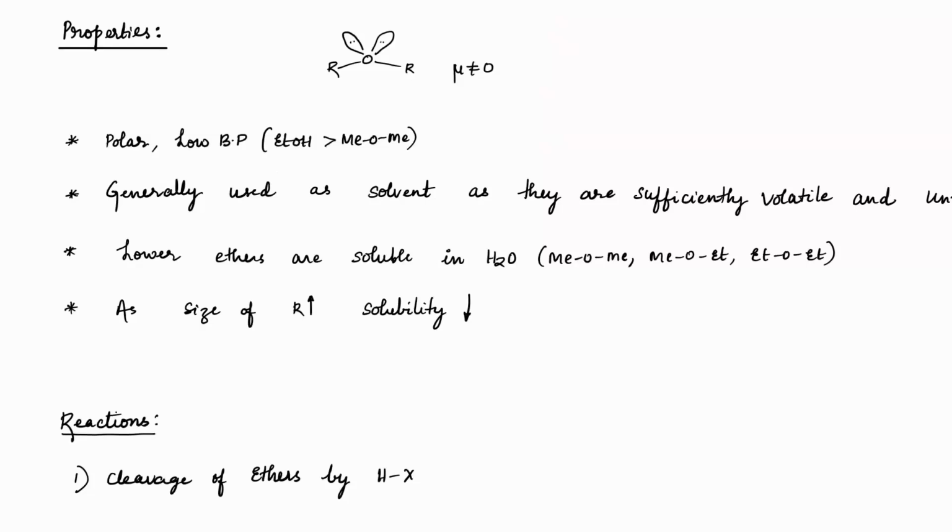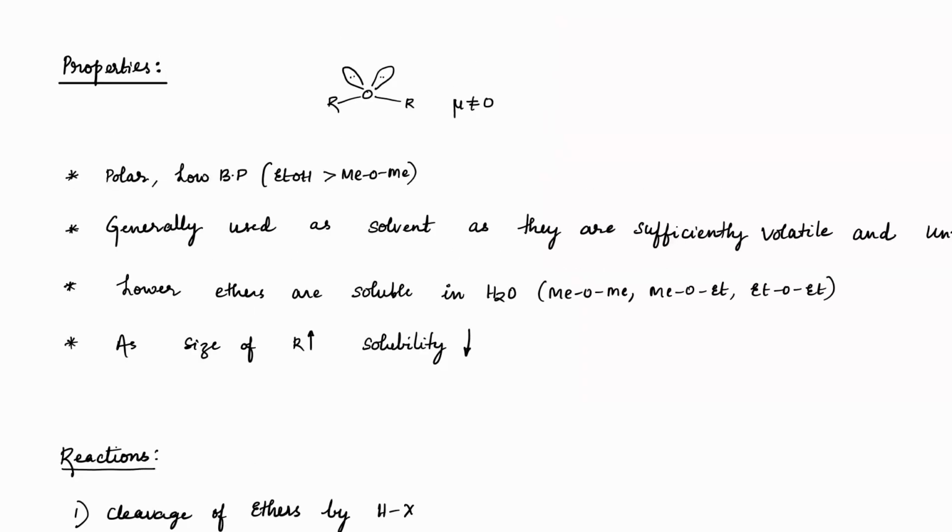Now, notice the properties of ethers here. If it comes to ethers, because of these two alkyl groups, correct, the bond angle between them will increase drastically. So bond angle would be somewhere around 113 degrees. Okay. Which is much greater than that of alcohols and phenols. That's why the dipole moment will be lesser.